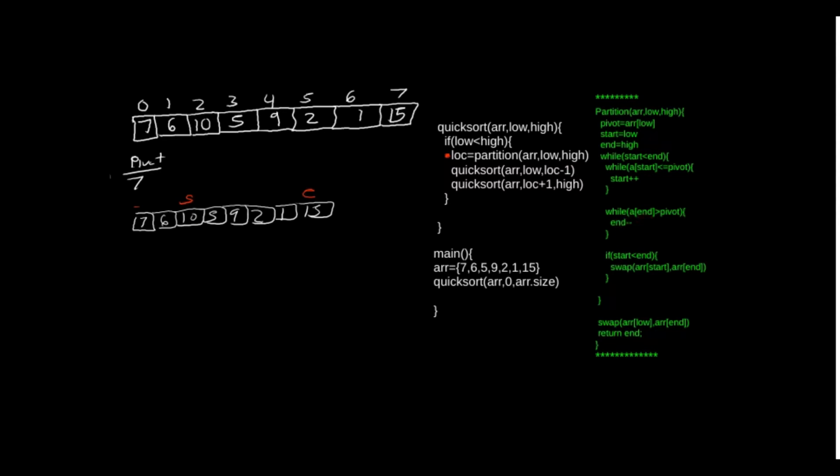Now we're going to execute in this function right here at the end. So what we do here is we go, is 15 greater than 7? Yes. Is 1 greater than 7? No. We stop E here.